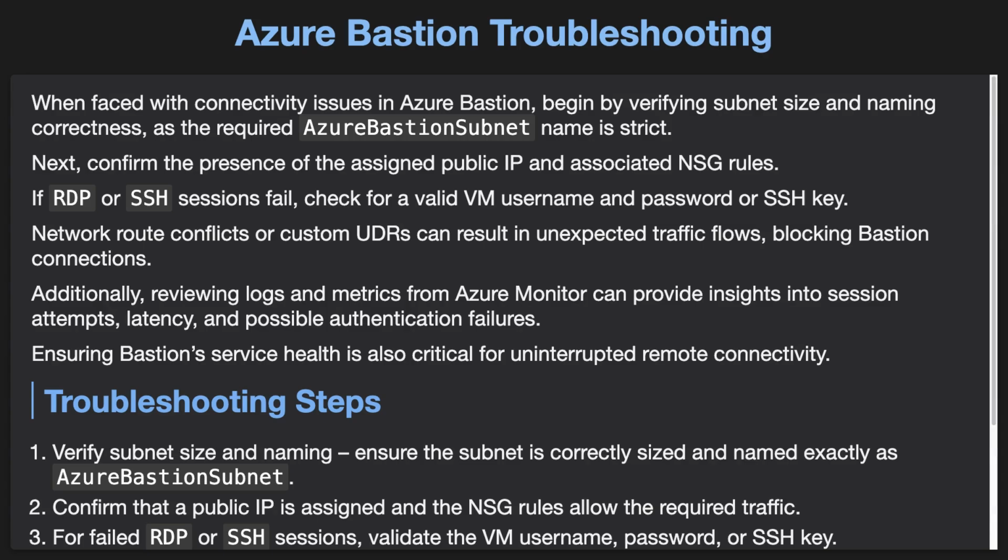Network route conflicts or custom UDRs can result in unexpected traffic flows, blocking Bastion connections. Additionally, reviewing logs and metrics from Azure Monitor can provide insights into session attempts, latency, and possible authentication failures. Ensuring Bastion's service health is also critical for uninterrupted remote connectivity.